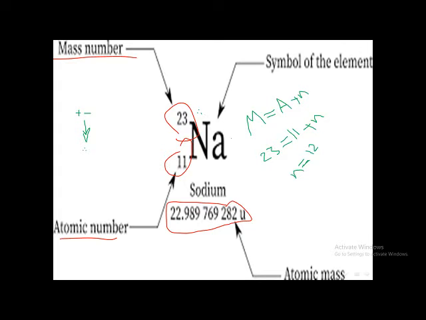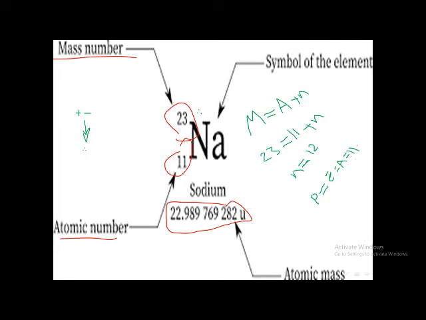Here we have a 0 charge, which means we have a neutral atom. So the number of protons must be the same as the number of electrons. What is the number of protons? The number of protons is the atomic number, and the atomic number we have is 11.